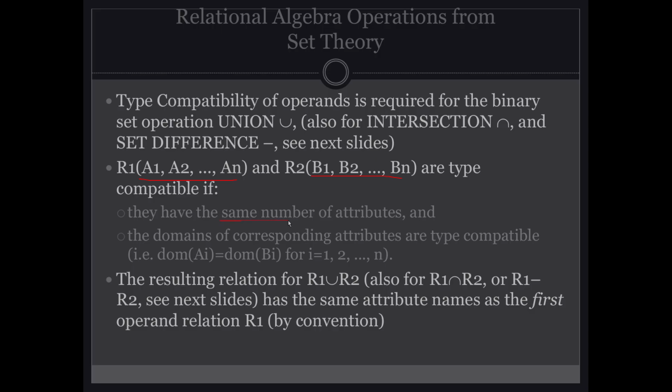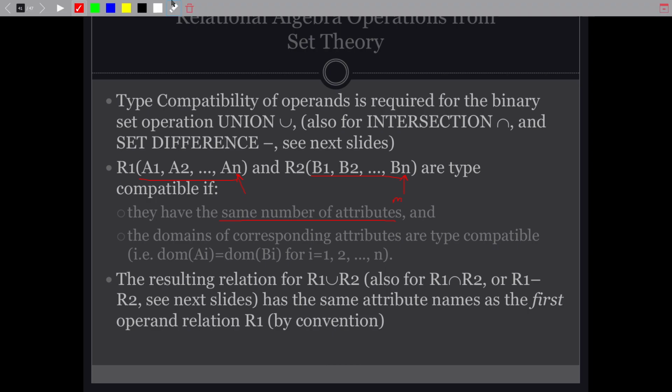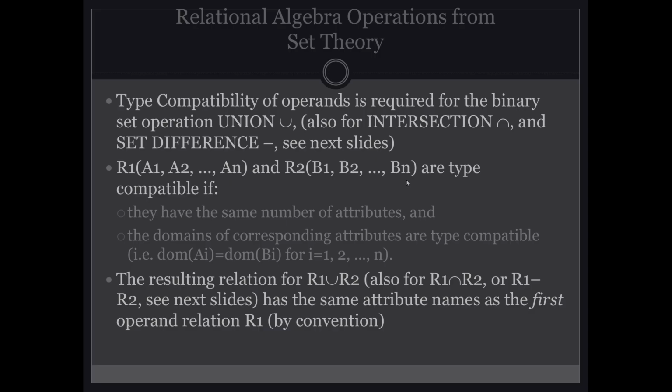Firstly, that the number of attributes is the same. So n here is also used here. If they didn't require that, they would have used n and, let's say, m. But because they used n in both cases, these two numbers must be the same, which means we're specifying a condition that the number of attributes is the same for both relations, right?